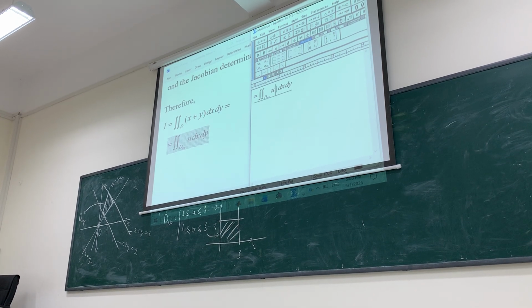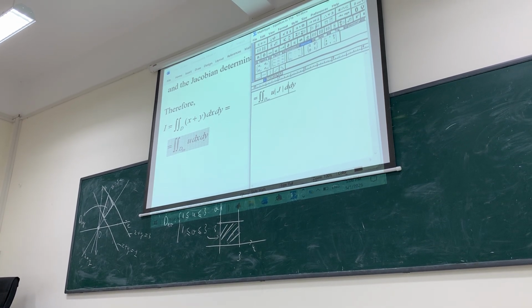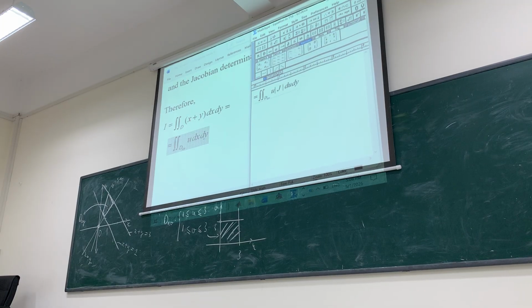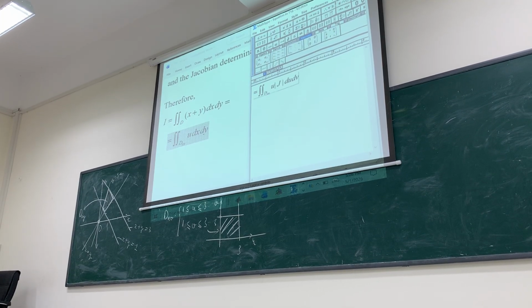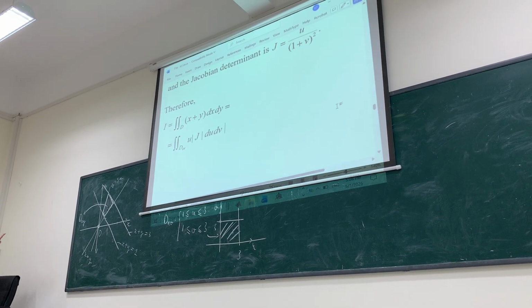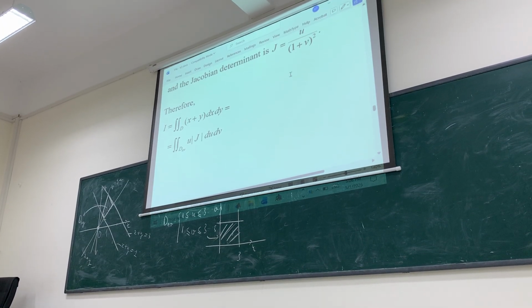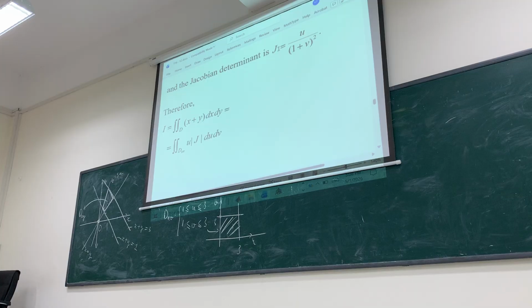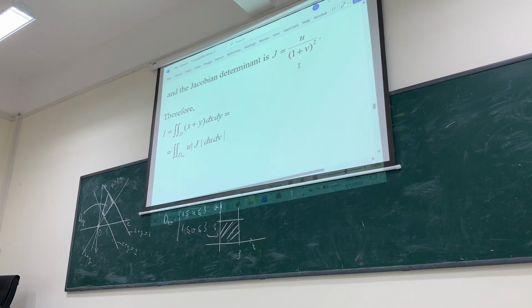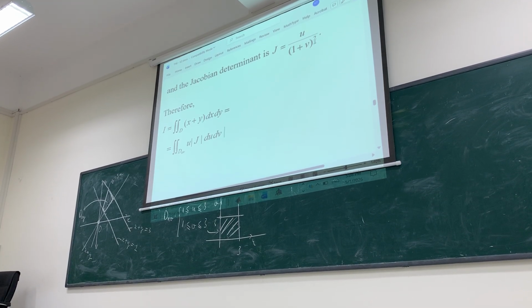Anytime the absolute value is the same, you can change to du and dv. The Jacobian is equal to u over 1 plus v squared.